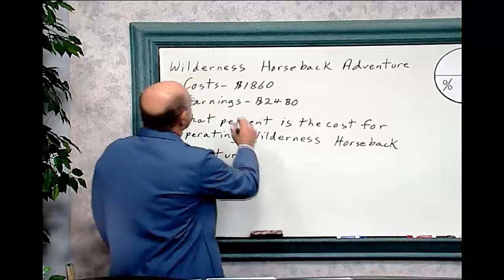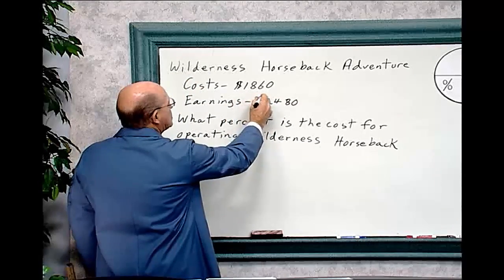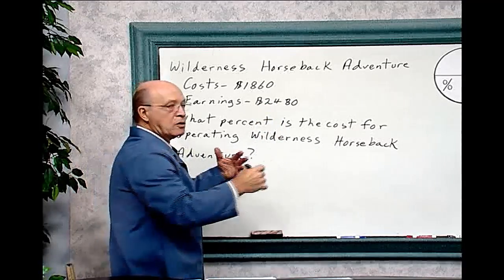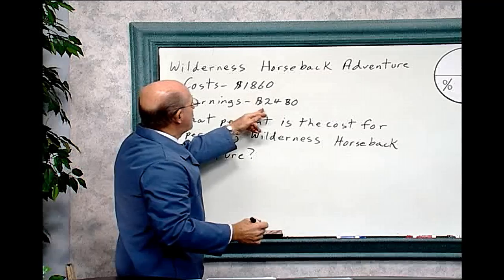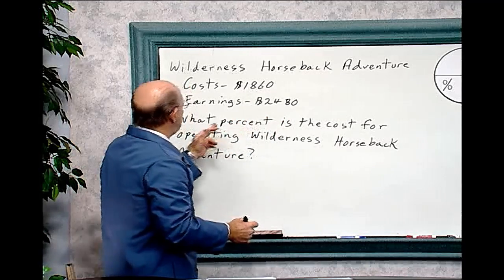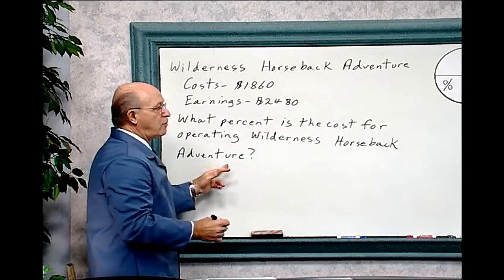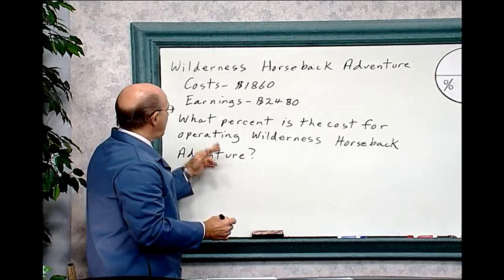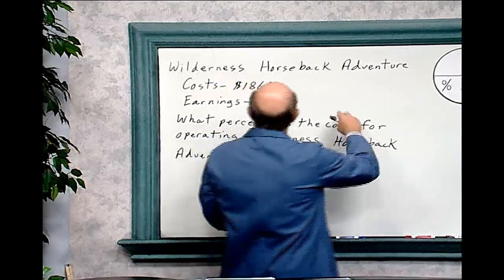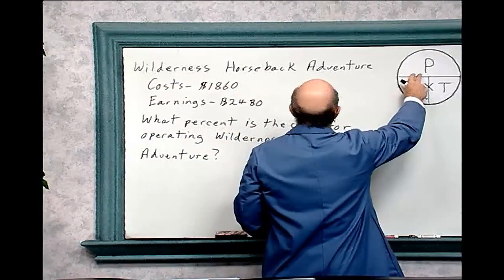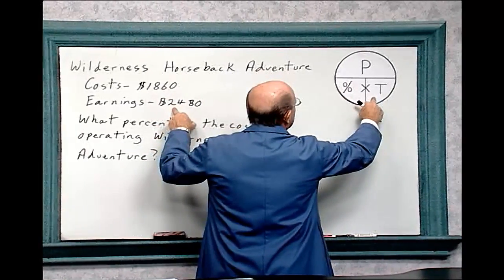All right, the Wilderness Horseback Adventure, the cost came to $1,860 to operate, and the earnings were $2,480. The question is, what percentage is the cost for operating Wilderness Horseback Adventure? And to figure out the percent of the cost, we have to divide the part, which is $1,860, by $2,480.